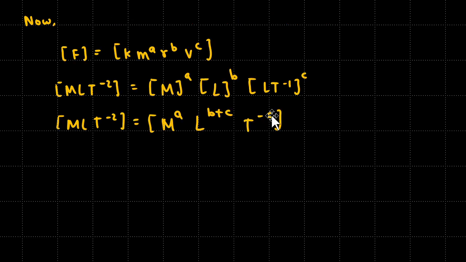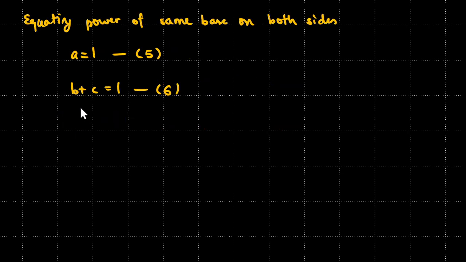And finally, for T, minus c is equal to minus 2. So from these equations, we can say that a is equal to 1 and c is equal to 2, which means, putting 2 over here, we will get b is equal to minus 1. So now we have the constants that we needed to find.